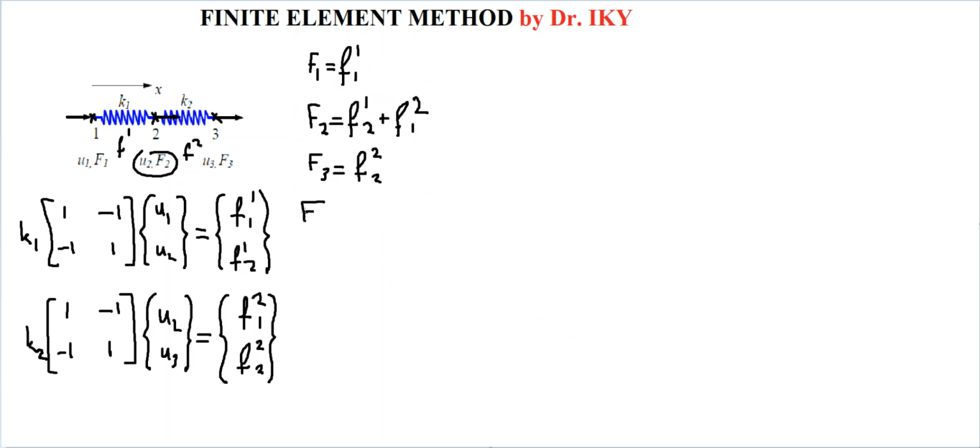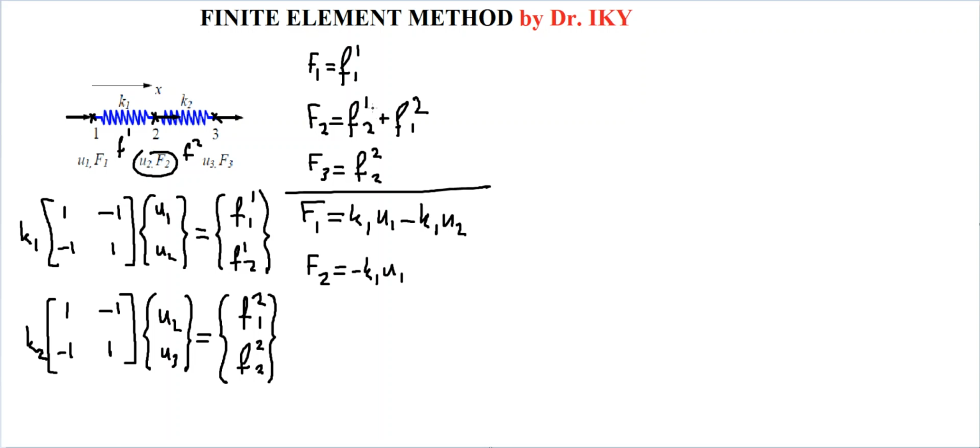We have got F1 equals K1 U1 minus K1 U2. For the F2, we have got two values, so let me write all of them together. Minus K1 U1. And for the U2, look here, U2 has two values.